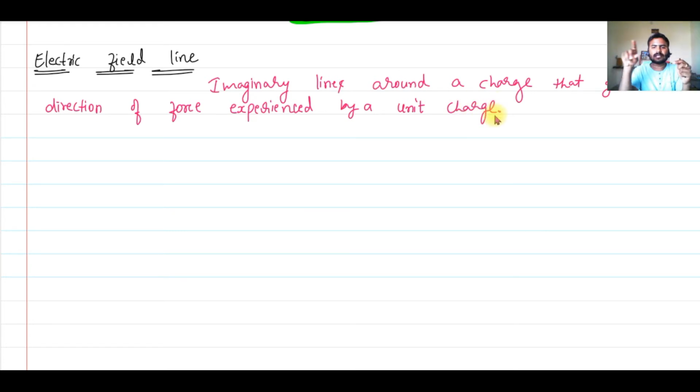It's an imaginary line drawn around a given charge which indicates the direction of force experienced by a unit charge. As simple as that.